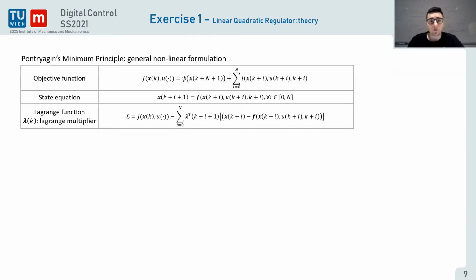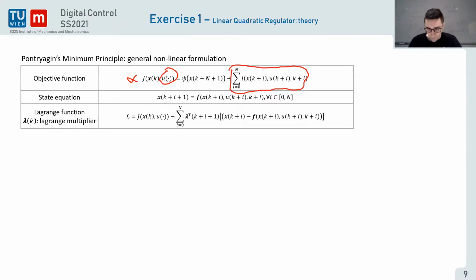We need to consider the full trajectory of u because we wish to minimize this cost function in a predictive way. That means we want to find the full trajectory of u so that the summation of each individual cost function is minimized. The overall cost function here is the summation of the contribution of each cost function at each sample time.